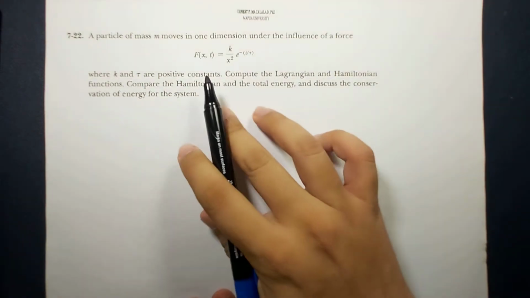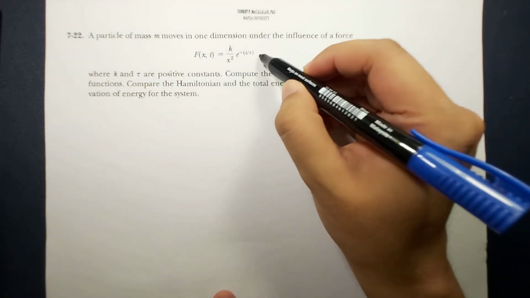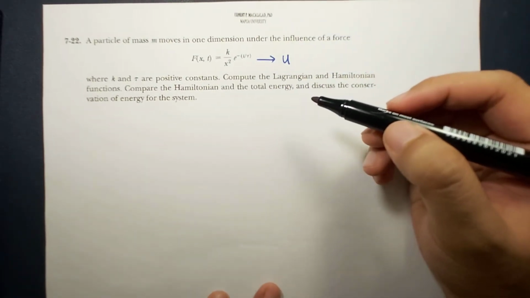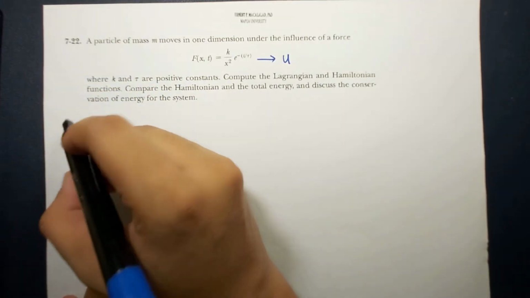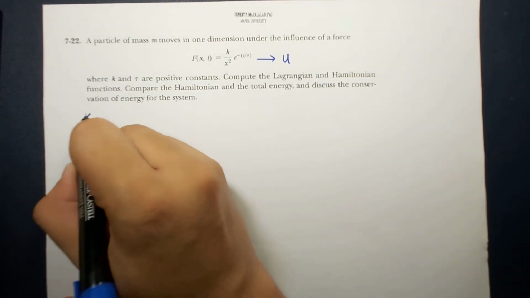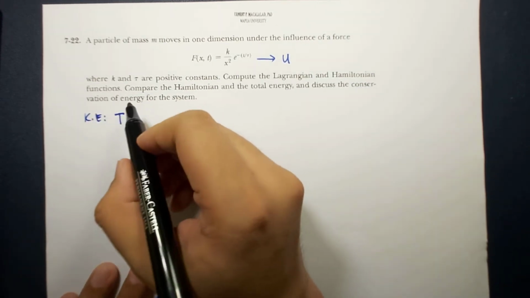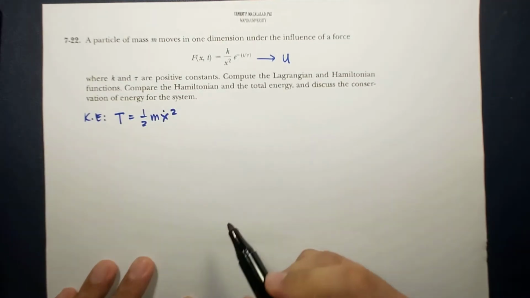So we're already given the force. Therefore from here, we can later calculate the potential energy. Okay? So first we know that the kinetic energy T is equal to 1/2 m x dot squared.